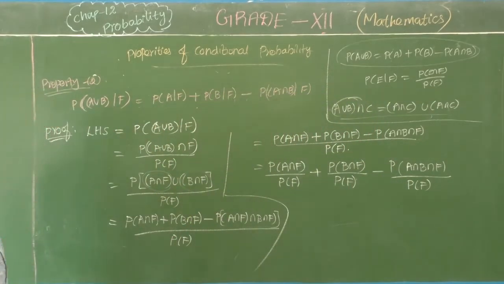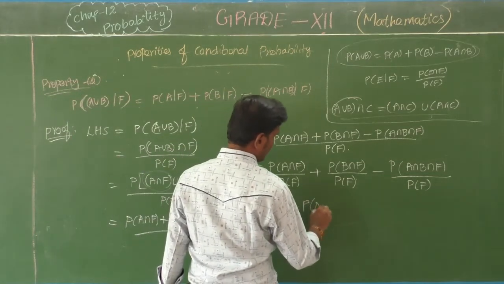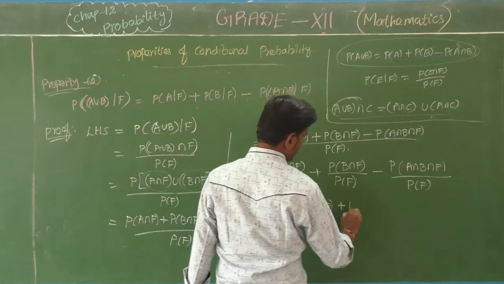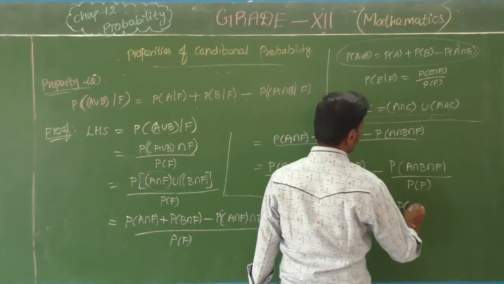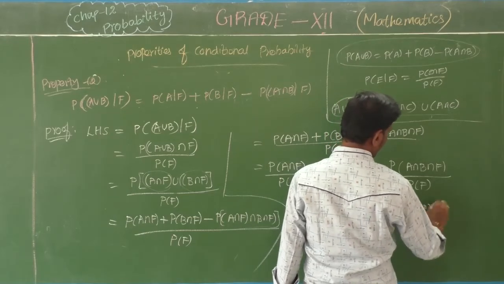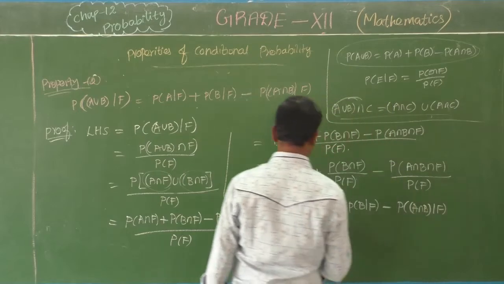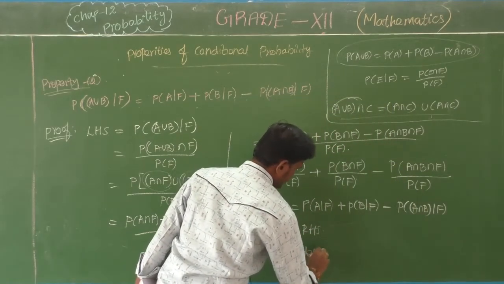What is the conditional probability? P of E by F equals P of E intersection F by P of F. So like that I am taking P of A by F plus P of B by F minus P of A intersection B by F. Which is equal to the right side, hence proved.